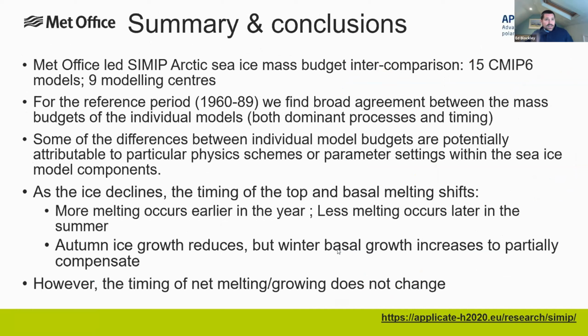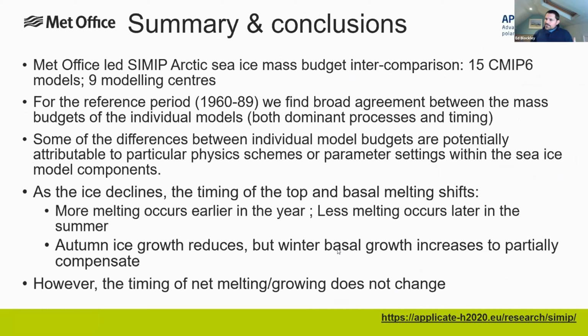So in summary, we've done this intercomparison. It was great. There were a lot of models and modeling centers signed up, which was fantastic. And for this reference period, we find firstly that the budgets are quite similar between the models, both in terms of the dominant processes and the timing in the seasonal cycle of when these processes are important.